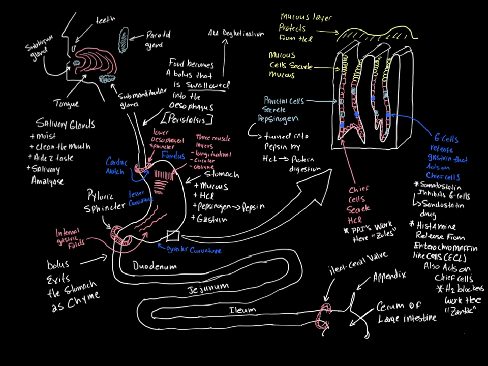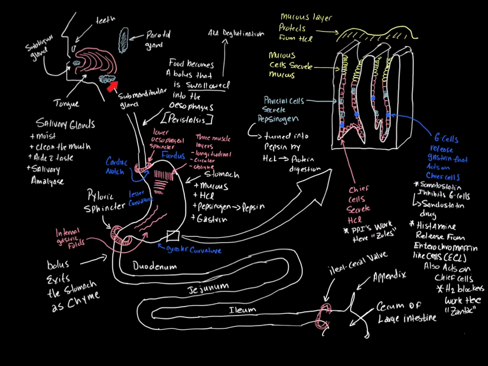stomach. And some other things that are going on are you have what are called salivary glands. You have 3 of them, one set of 3 on each side, the right and the left side. So you have the sublingual salivary gland, which is right underneath the tongue.